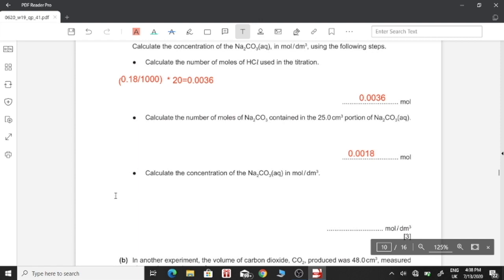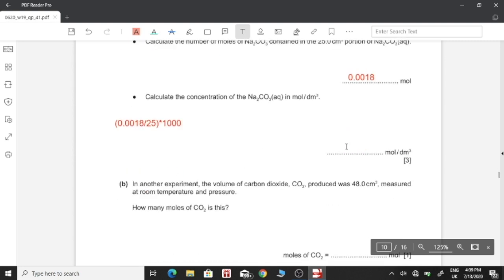So we'll have 0.0018, which is the number of moles, and then we divide it by 25, which is the volume, and multiplying it all with 1000 to convert into mole per dm cube, this gives us the concentration as 0.072 mole per dm cube.